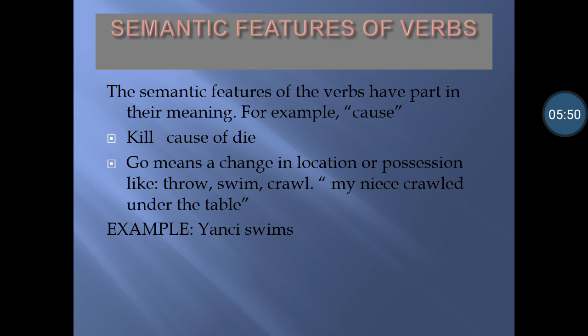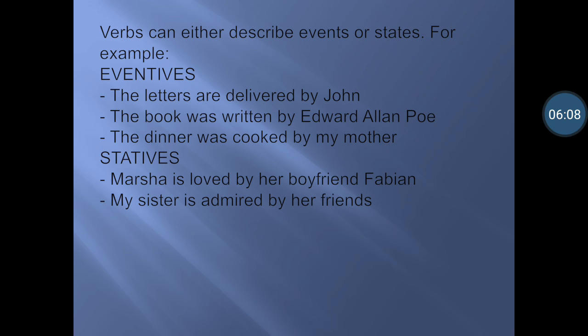Go means a change in location or position, like throw, swing, crawl. My knee is crawled under the table. Another example, Nancy swings. It means a change in location. Verbs can either describe events or states.